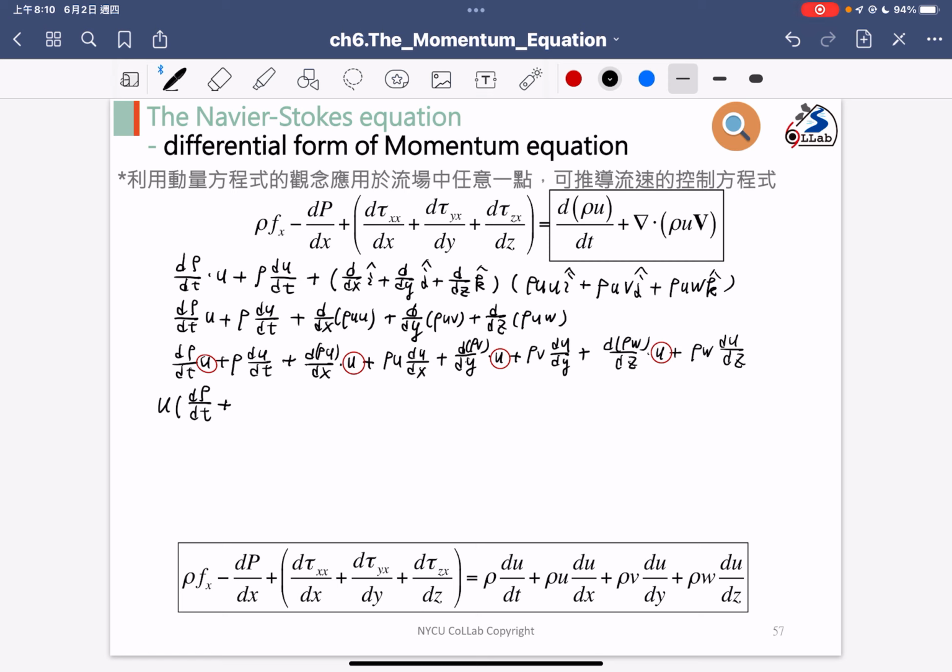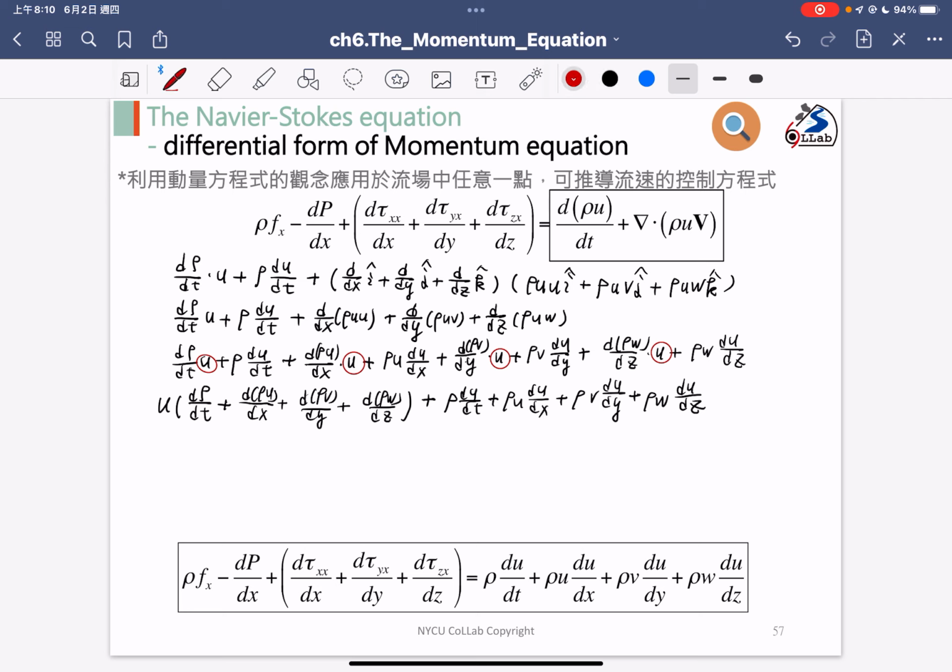And the other items are equal to ρ du/dt, plus ρu du/dx, plus ρv du/dy, plus ρw du/dz.